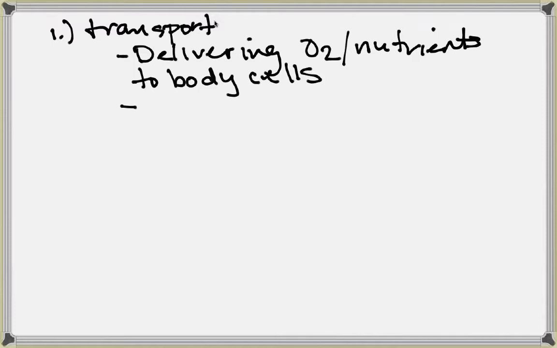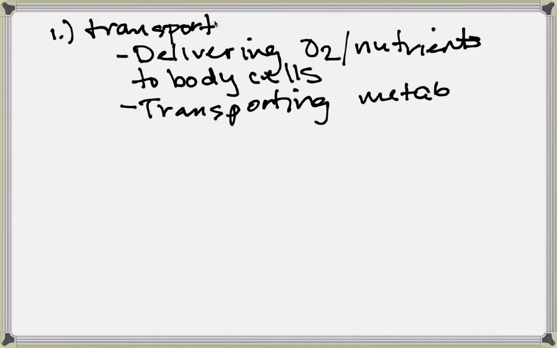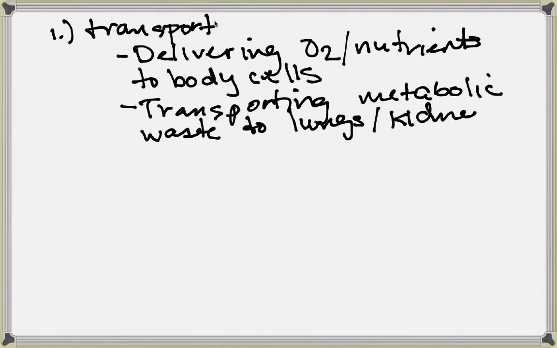Now, if it takes important nutrients and oxygen to the body cells, then it must also take things away from the body cells. So it's important in transporting metabolic waste. And they move those to the lungs and the kidneys to help them to eliminate them.